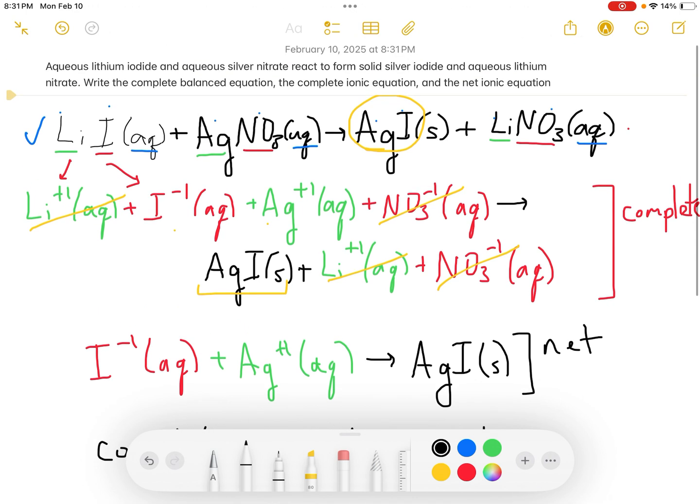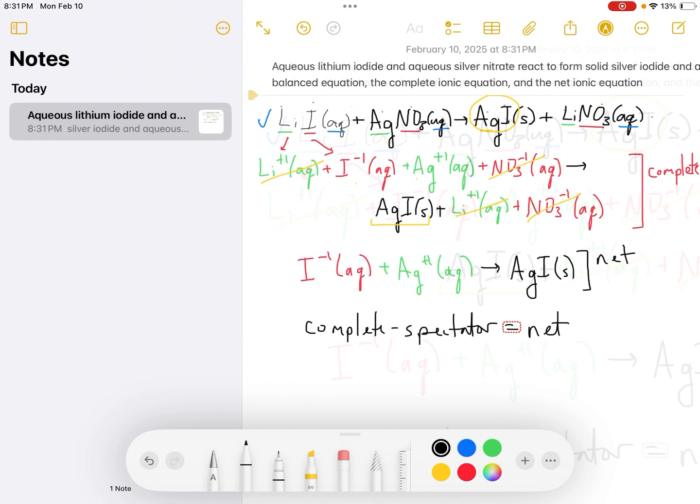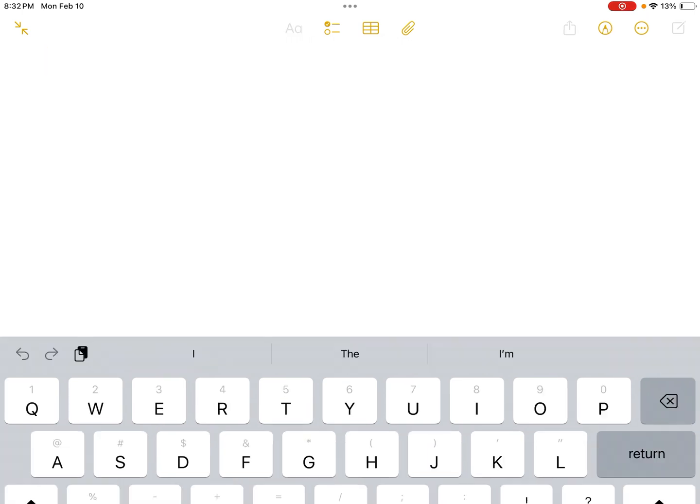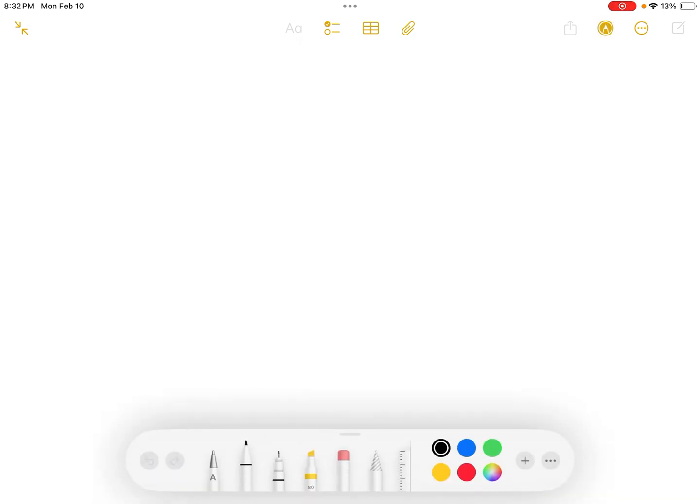Now this reaction doesn't show what we do with coefficients or with subscripts, so let's have an example that does that. I'll just write the whole thing up.